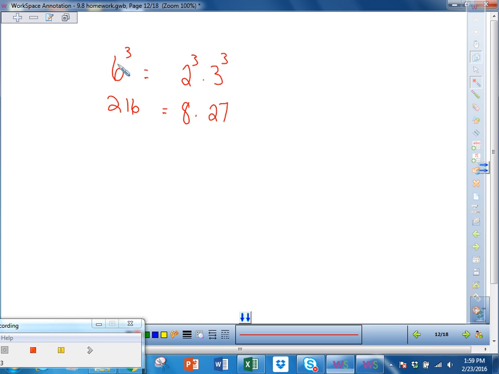Okay, so if the exponents are the same, I can take the exponent and write it this way, right? Should we also say 6 to the 1st power and then 6 to the 2nd power? So you're saying, is it the same as saying what? 6 to the 1st power and 6 to the 2nd power. It is.